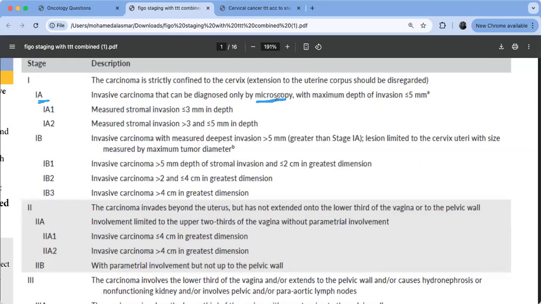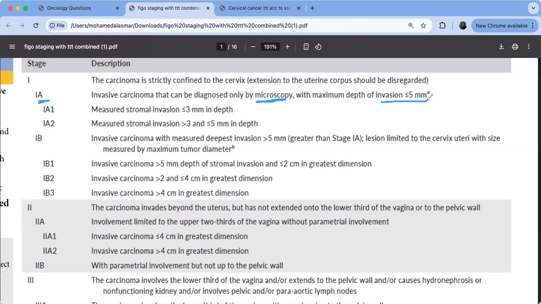This is almost always done after histopathology, like a suspicious lesion in a cervical screening program. You take a bunch of biopsies, send them to the lab, or even after LLETZ, send it to the lab. Then they discover that it contains cervical cancer cells. But here, the maximum depth of invasion is 5 millimeters or even less.